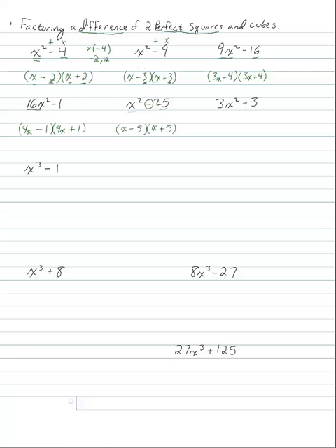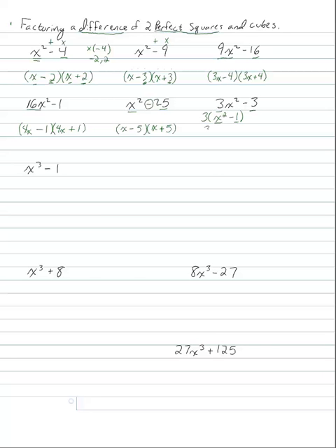3x squared minus 3. I have the minus, I'm missing that middle term, but I do not have perfect squares. 3 is not a perfect square. But I do have a common number that I can factor out. 3 goes into both of them. I'll be left with x squared minus 1. Well, now I have a difference of two perfect squares. x squared is a perfect square and 1 is a perfect square.